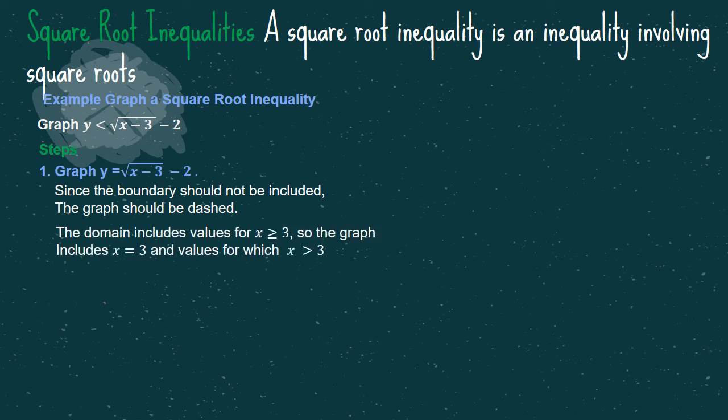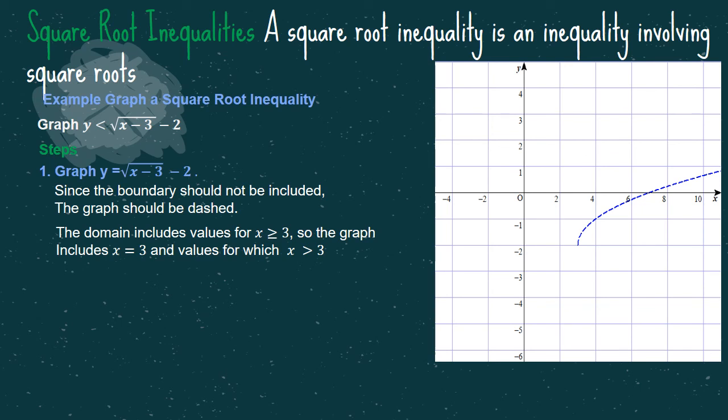And the domain includes values for x that are greater than or equal to 3. Remember, the domain is all the x values that are greater than or equal to the h value, and the h value in this case is 3, so the graph should include the 3 and any value that is greater than 3 for x. And here we have the graph.